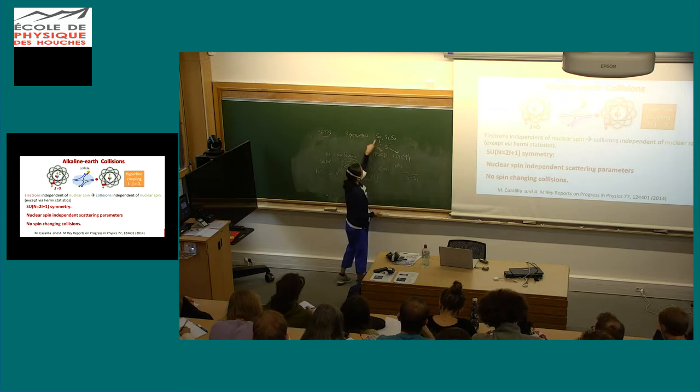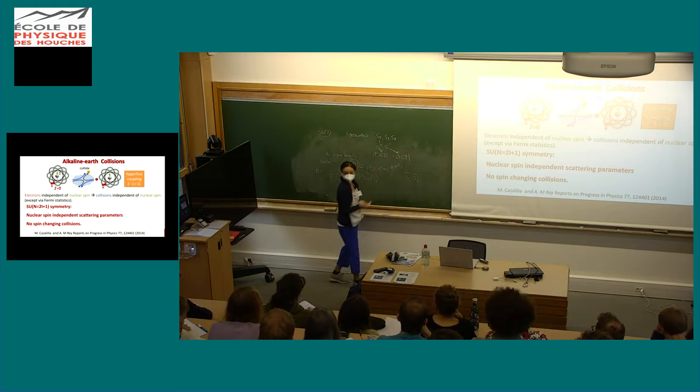If you go back to the Pauli matrices, in this case N is equal to 2, and you can see that it is 3, consistent with this number.